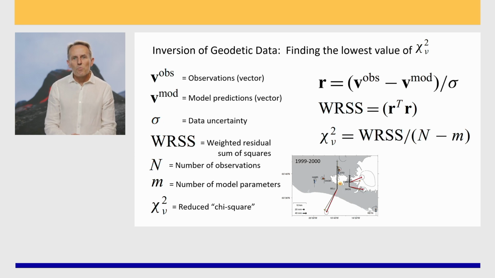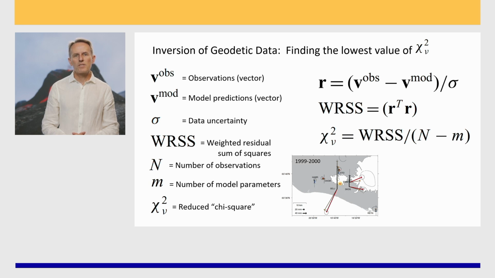The next step is to multiply each number in the string by itself. Mathematically, that is the same as saying we multiply the R vector by the so-called transpose of this vector, denoted R superscript T, and we add all the numbers together. We then have the so-called weighted residual sum of squares, WRSS. It is one number, and the larger it is, the larger the deviations of model predictions from observations.